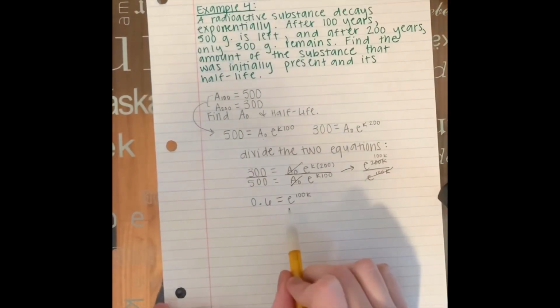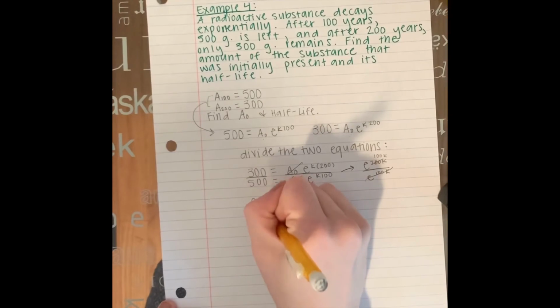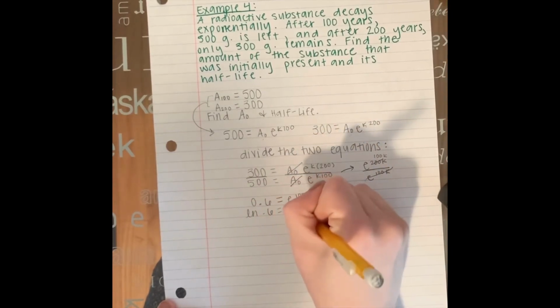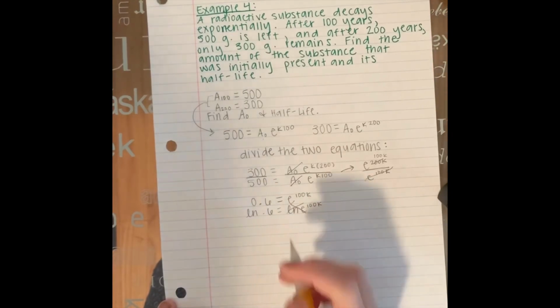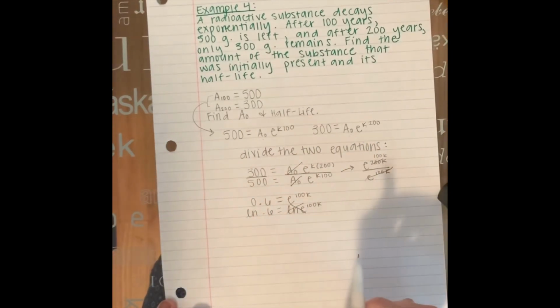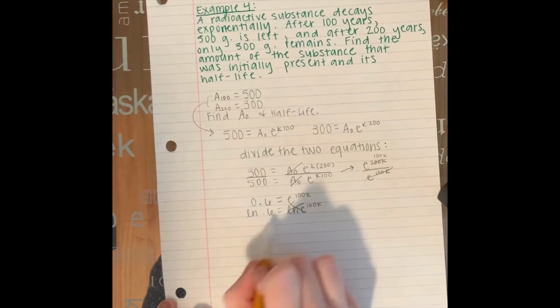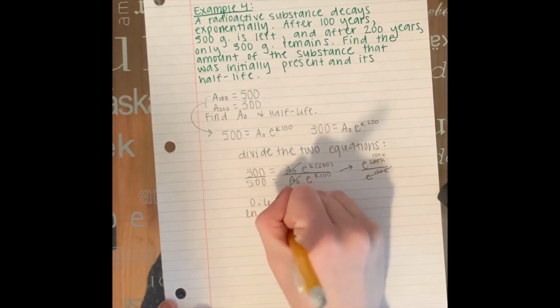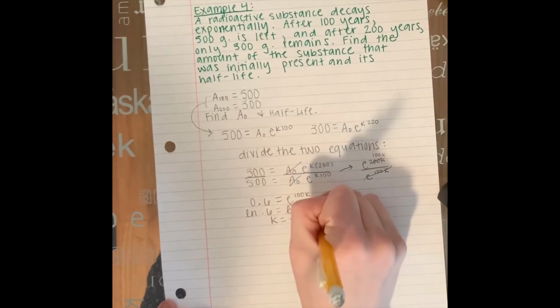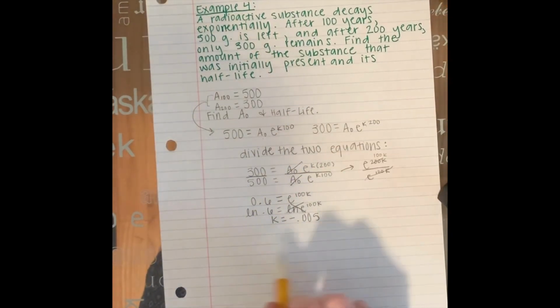Well then, if I take the ln of both sides, my ln and my e cancel. ln of 0.6 equals 100k. Do ln of 0.6, divide by 100. You should get negative 0.005 as your k. All right, so that's our constant.